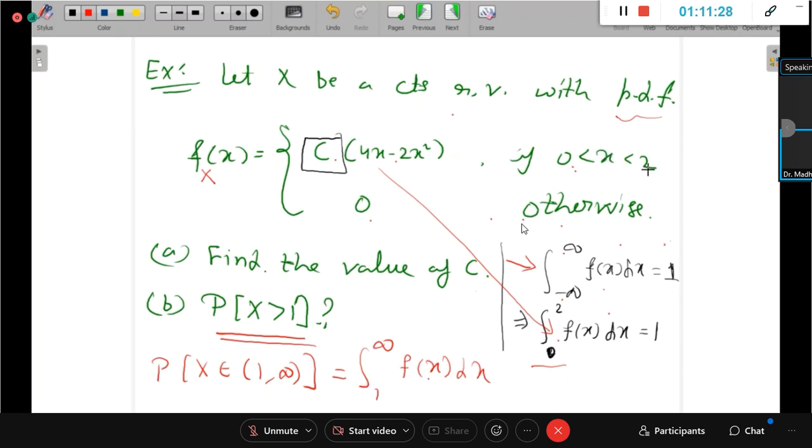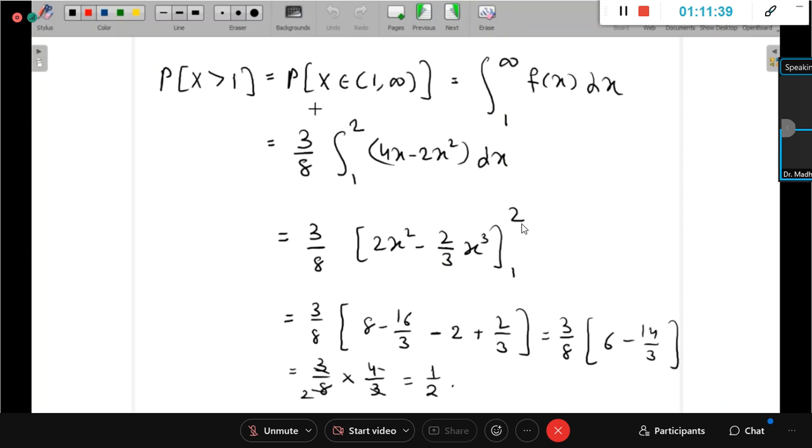Okay, so you have the c value. You know f(x) is 0 when x is more than 2. So it is the integral from 1 to 2 of f(x) dx, and f(x) is known with c equal to 3/8.